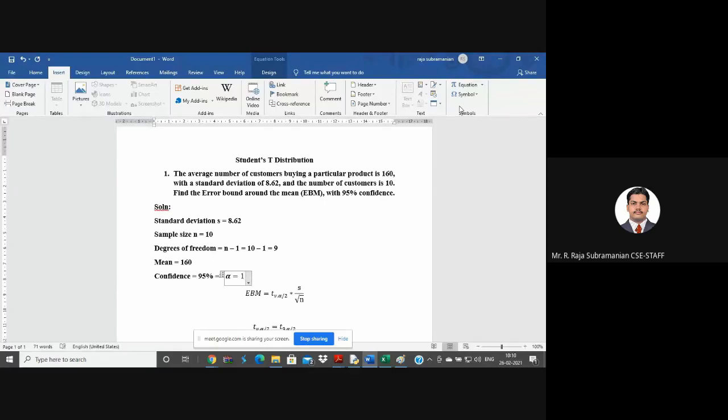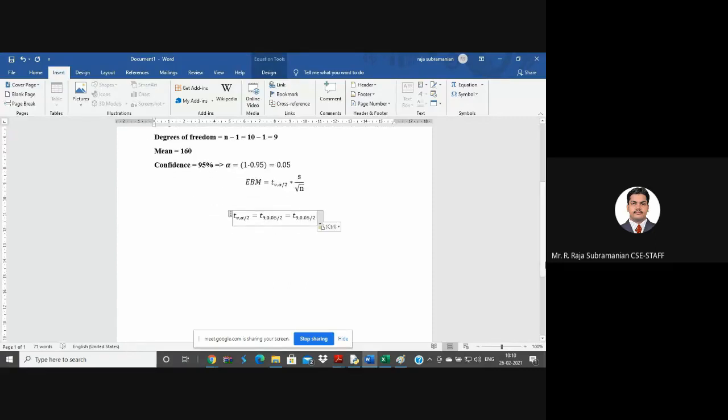That is what I use in the t table, because 95 percentage confidence corresponds to 0.05. Then alpha divided by 2, so 0.05 divided by 2, I write it as 0.025.